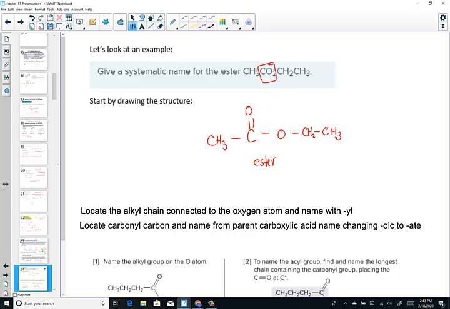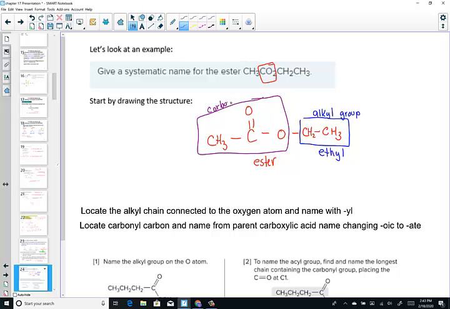The first thing I want to do is to locate the alkyl group. And the alkyl group is always directly next to the oxygen in that carbon chain. So this will be called ethyl. Then locate the original carboxylic acid. This would have been called a 2-carbon chain. Do you remember just from a moment ago what 2 carbons was called?